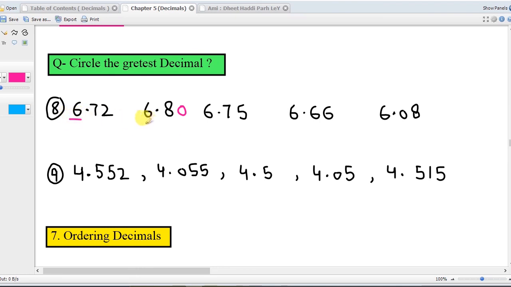Before the decimal points all the numbers are 6, all equal. Move on to the next one. We have to find the greatest. Oh, the spelling of greatest is wrong. Okay, now it is correct. So this is 72, 80, 75, 66 and 8. Which one is the biggest number? That is 80, or 6.80, right?